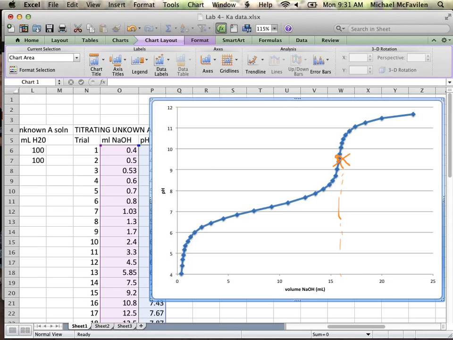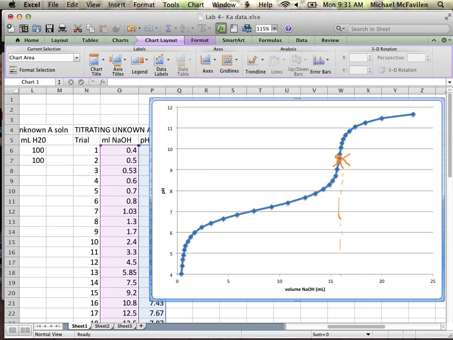That is very coarse because we're just guessing ultimately at where everything's at. We don't have enough data on our x-axis or our y-axis to really zero in on that. So what we can do is now zoom in, albeit very painfully, into that range to try and determine where that half equivalence point is, or sorry, the equivalence point is.